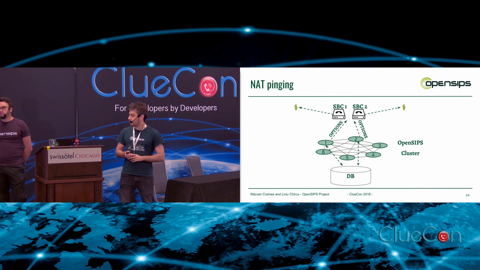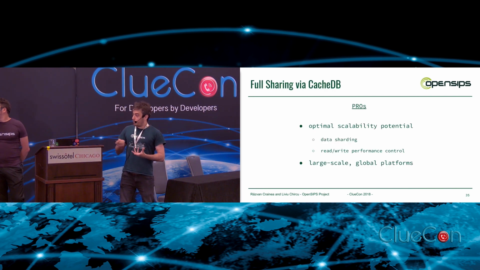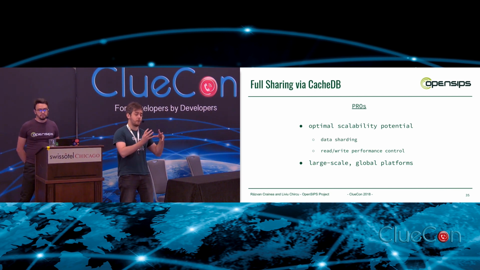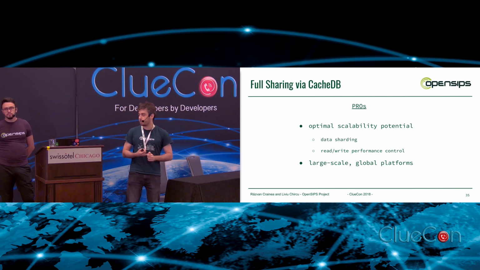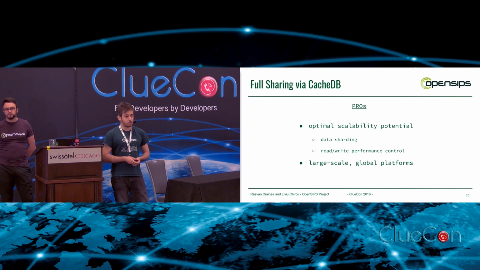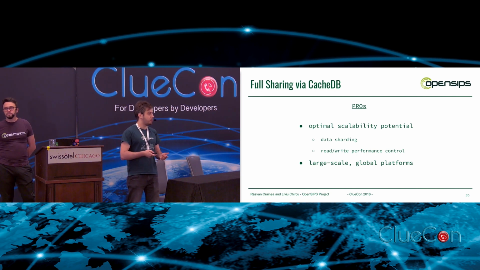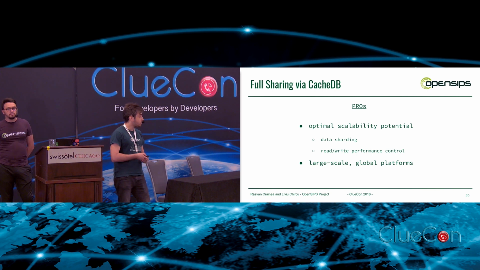So the extraneous pinging problem is solved. So to sum up all of this, it's good for scaling. You get a lot more control with regards to where your data lives and how you scale your reads and your writes. And this is a typical use case for large platforms, possibly even global scale.